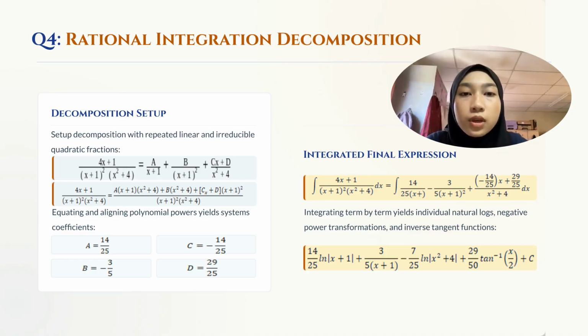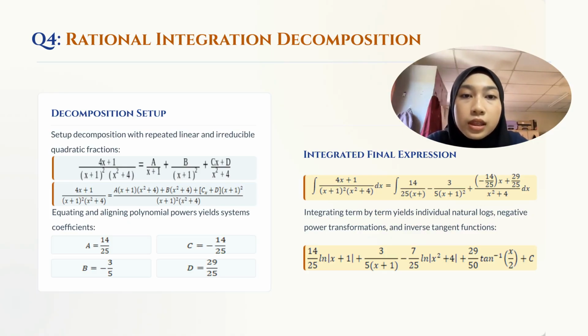Instead of expanding, we can solve for our variables efficiently by substituting strategic values for x. First, we let x equal negative 1. This eliminates terms containing A, C, and D, simplifying down to negative 3 equals 5B. This gives us our first constant, B equals negative 3/5.